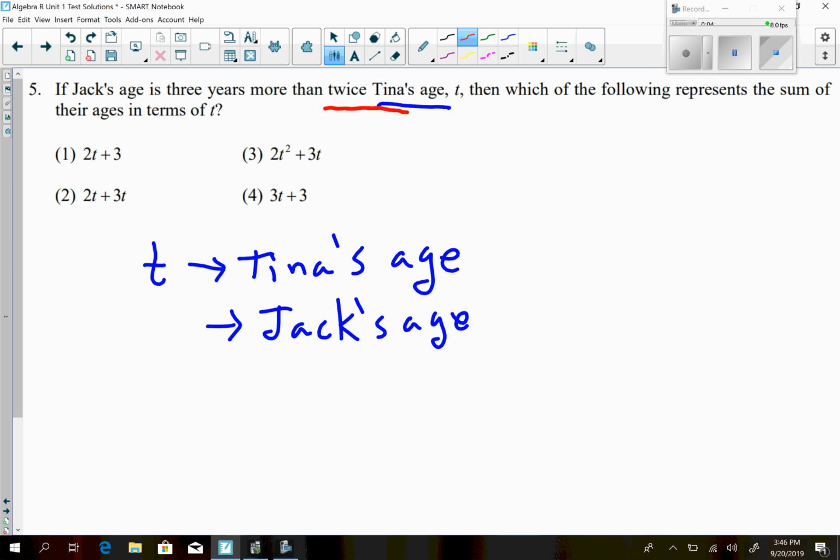Twice Tina's age, that's 2T, because T is Tina's age. 3 years more than what I just wrote means add 3 to this. This describes Jack's age. 3 more than, that's plus 3, twice Tina's age. This in red is twice Tina's age.